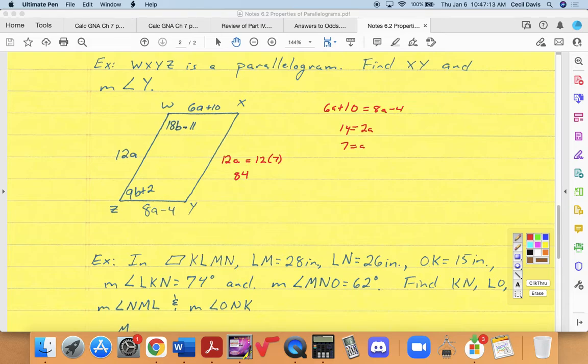Someone help her out? Yes? Not adjacent. Opposite. Oh, the opposite sides are always equal to each other? Yes. In a parallelogram, the opposite sides are always equal to each other. How do you know it's a parallelogram? Because it says WXYZ is a parallelogram.